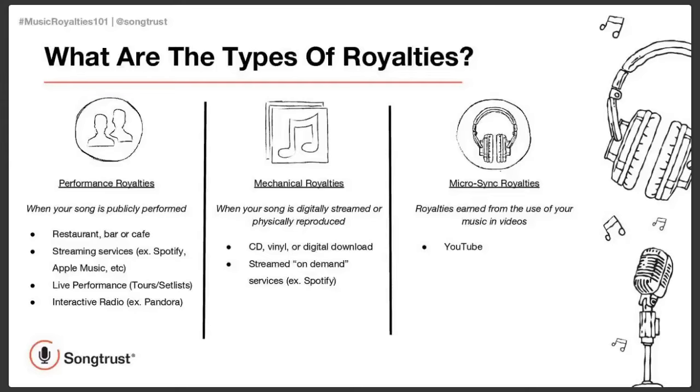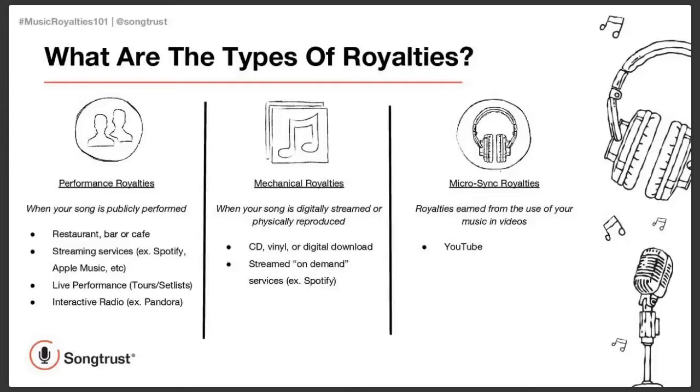Mechanical royalties are generated when your song is digitally streamed or physically reproduced. So physically reproduced like a CD, a vinyl, or a digital download like from iTunes, or streamed on the same streaming services that I mentioned before. It's really important to realize that one stream will generate both a performance and a mechanical royalty.